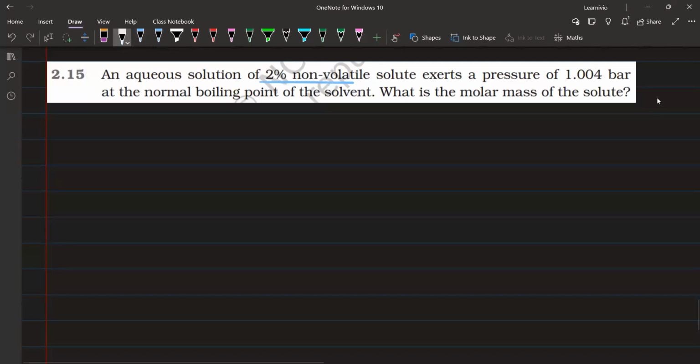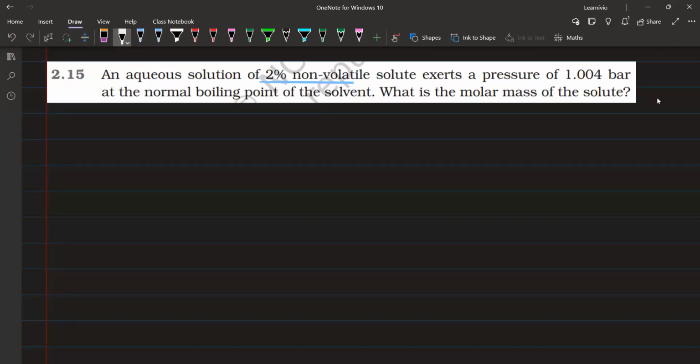As soon as you hear 2%, it will always be by mass. If they have not specified whether that percentage is by mass or by volume, generally it is by mass, but you can also take it as per your own comfort. Like if you need mass by volume, you can take it as mass by volume. If you need volume percentage, you can treat it as volume percentage. But generally, it is mass percentage.